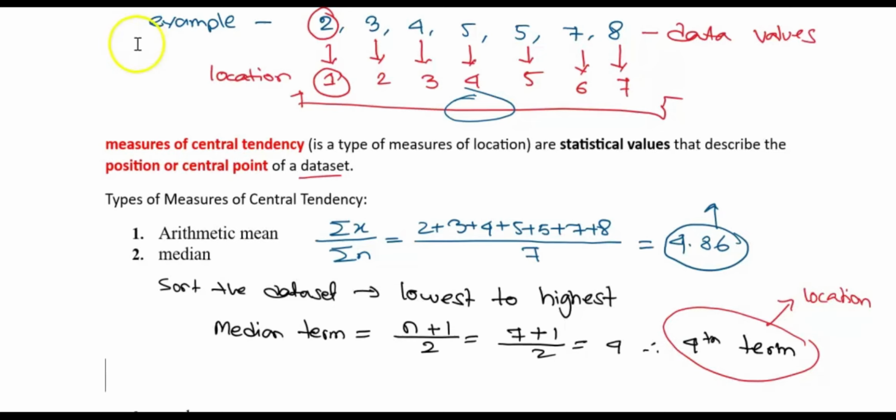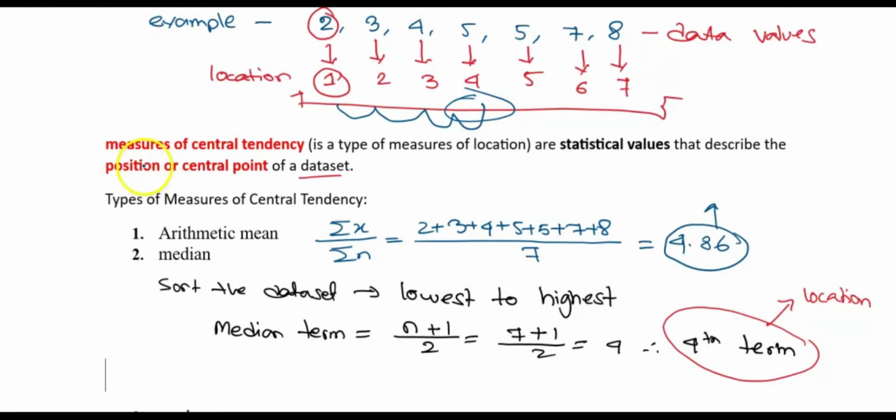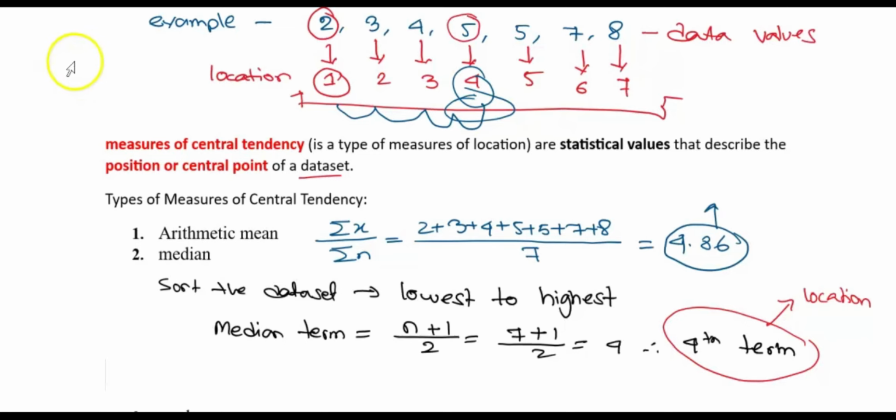That means we'll go to the fourth term here: 1, 2, 3, 4, the fourth term. The value at the fourth location, this value, would be our median. So the median is equal to 5. The fourth term is the location where we find the respective value, which is 5.